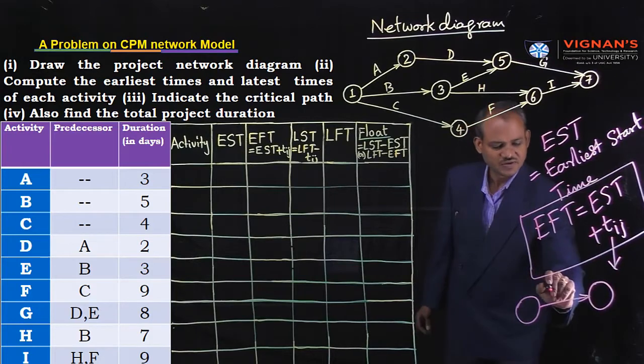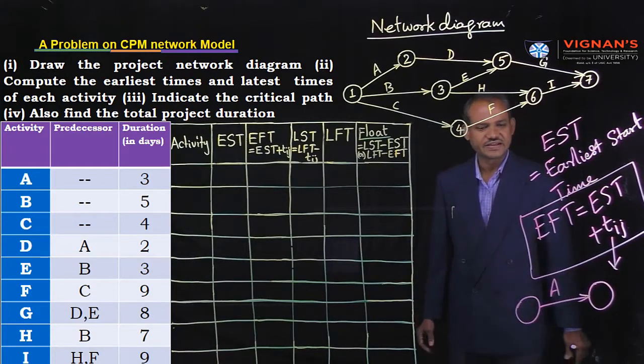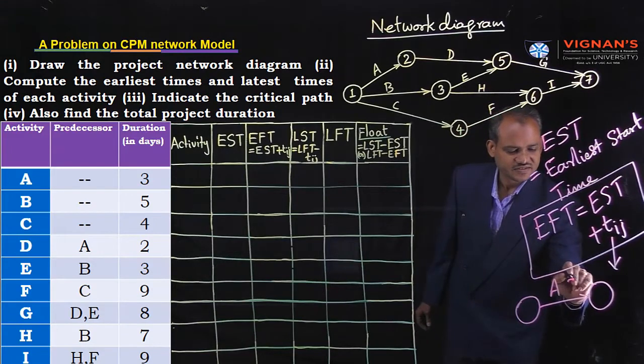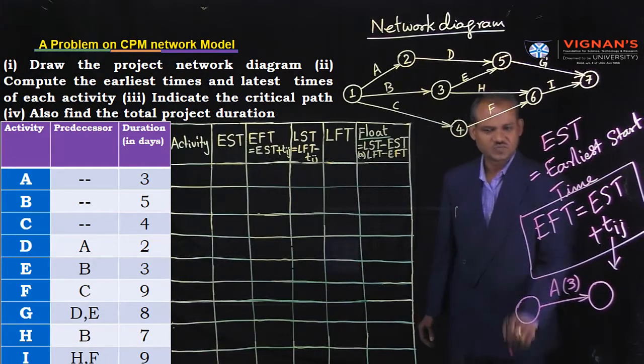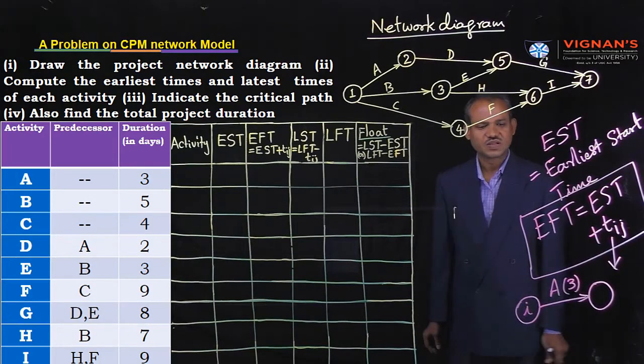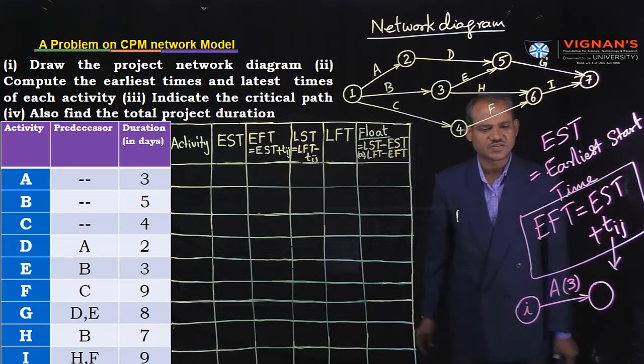For example, consider activity A. Activity A takes 3 days of time. Therefore, I have written A of 3. This activity starts at the ith node. Each node is represented by one circle.